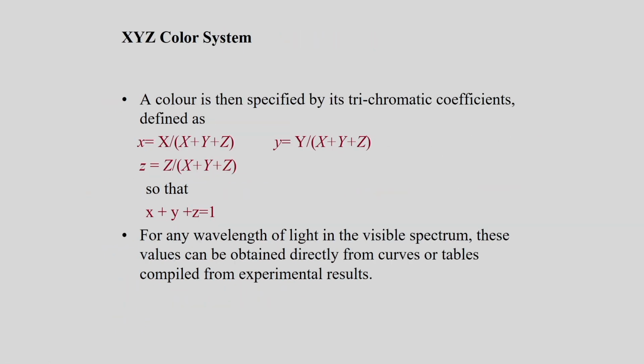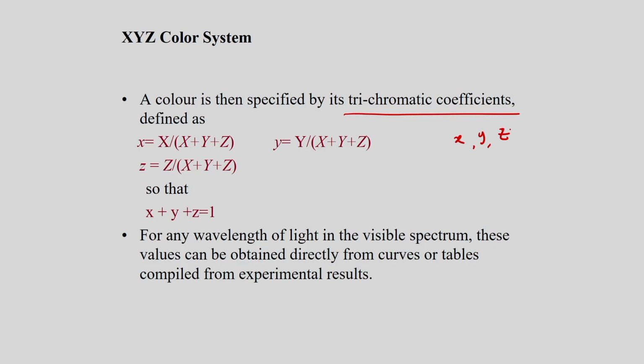This XYZ can be normalized, and I am getting the trichromatic coefficients. The coefficients are small x, small y and small z. That means the capital X, capital Y, capital Z are normalized, and I am getting small x, y, z.